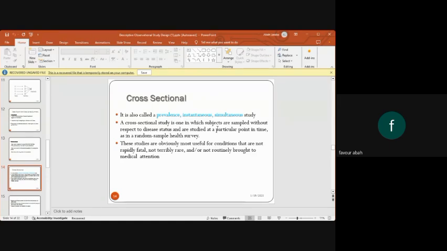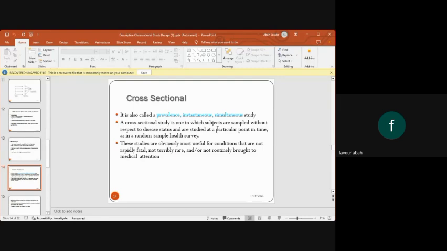So cross-sectional is also called a prevalence study or instantaneous study or simultaneous study or a snapshot. And why it is called these names is because when you do a cross-sectional study, you are determining both risk factor and outcome at the same time. So you cannot tell when a particular disease started.